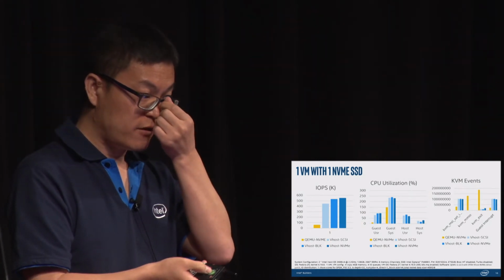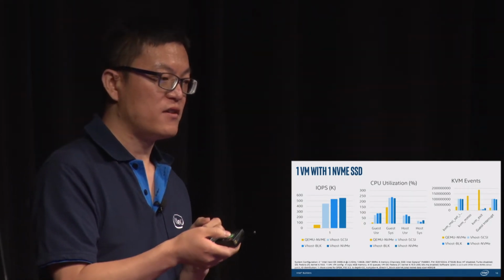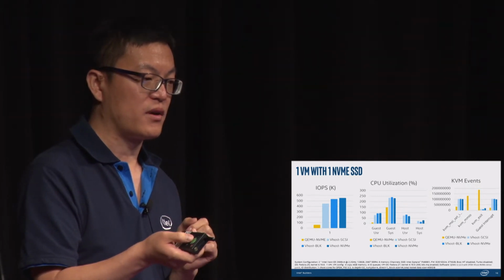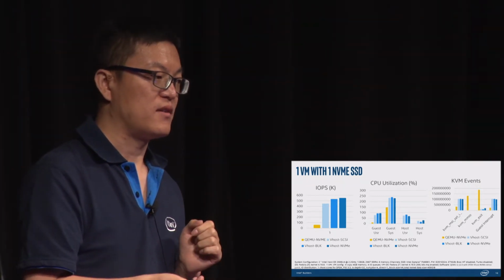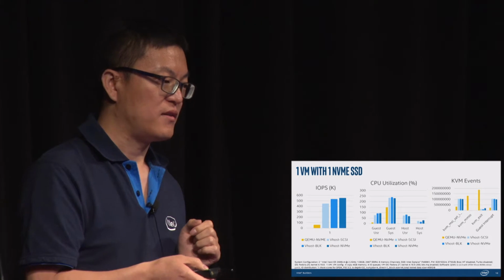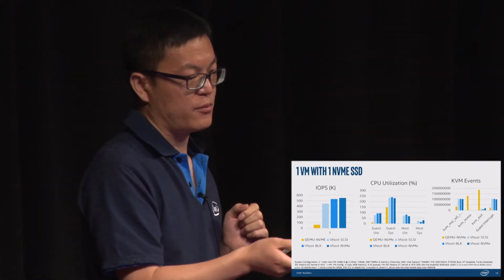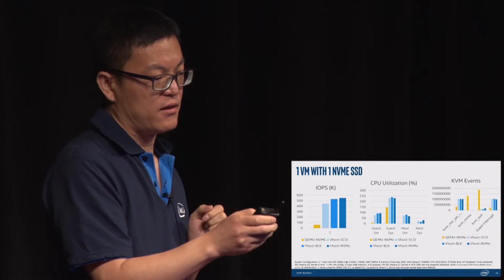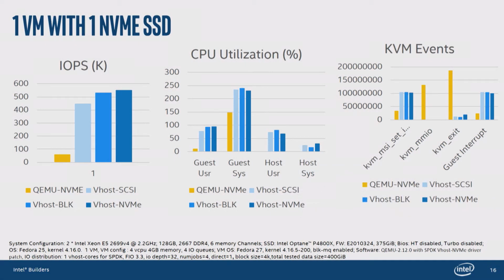Here are the benchmarks collected for this new solution. For the purpose of evaluating the efficiency of CPU utilization and some key VM events, in this example I just started one VM with one NVMe SSD. You can see from the left part the IOPS for vhost-NVMe, vhost SCSI and vhost block. These are three vhost solutions. And the yellow one is the QEMU NVMe using the kernel NVMe driver.